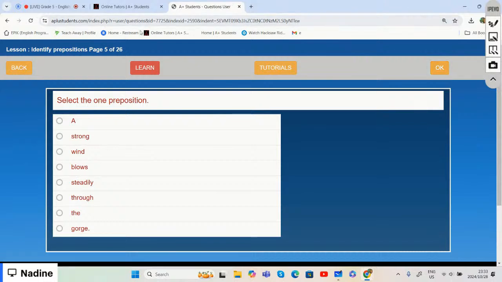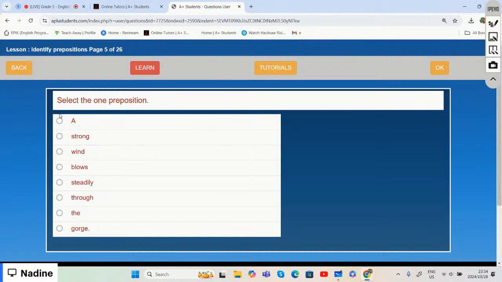All right, the next one says we need to select the one preposition. A strong wind blows steadily through the gorge.